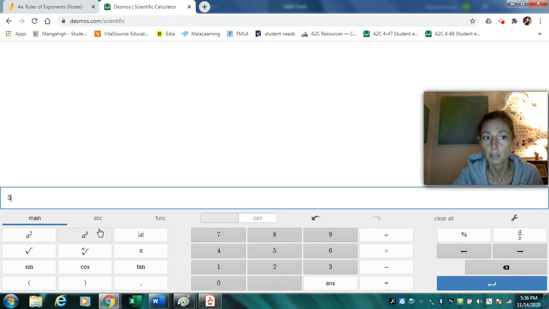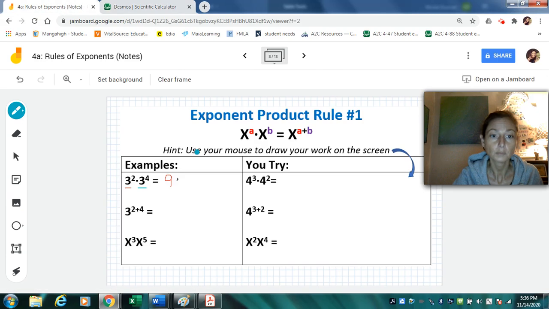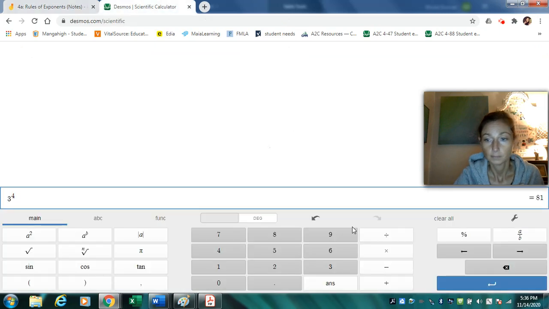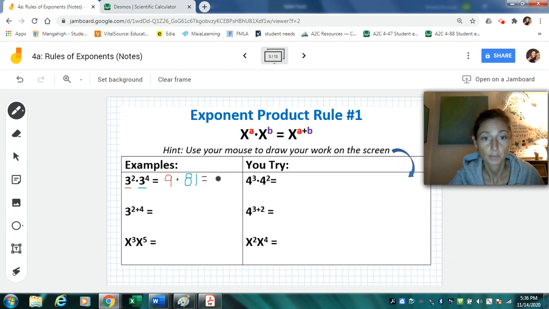Again, this little a to the b, that gives you your exponent. 3 to the 4th power, that tells me it's 81. So now I have 9 times 81. And we'll see what that equals. And that's 729.